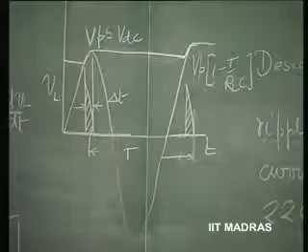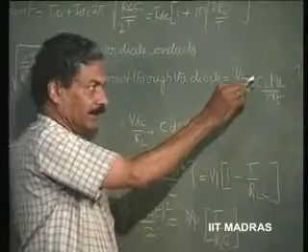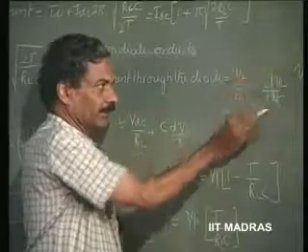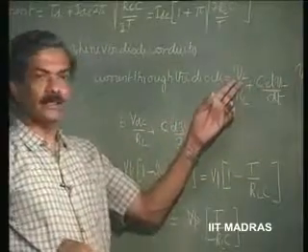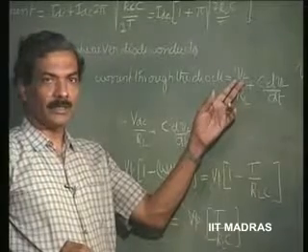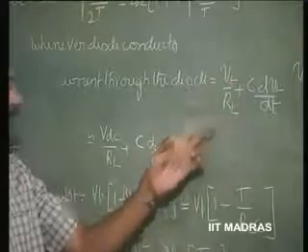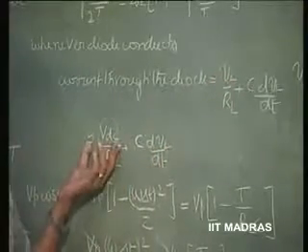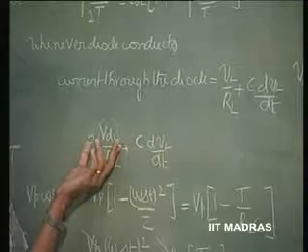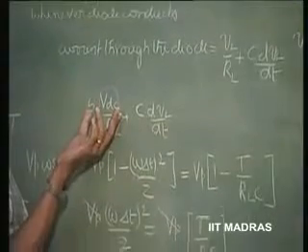So, the current through the diode is nothing but VL by RL plus C dVL by dt, that is charging the capacitance. VL is essentially remaining constant at V peak. So, that is VDC divided by RL. This is essentially remaining unaltered in our design. We have done such a good design that the peak voltage is going to be retained as VDC.